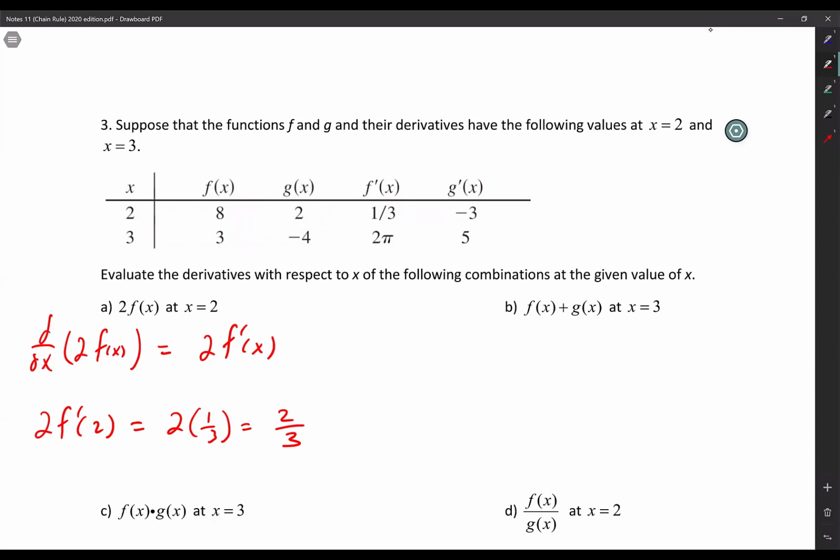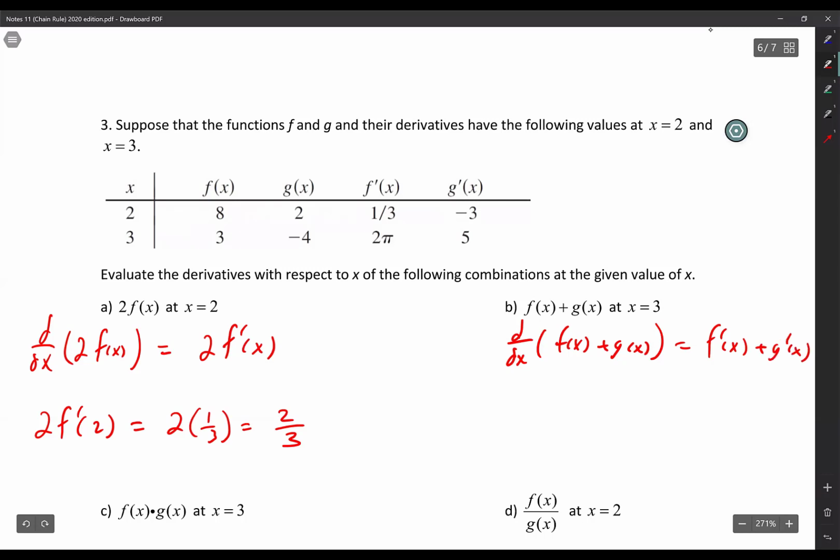Yeah, Con? Okay. They want the derivative of f of x plus g of x at x equals 3. The derivative of that is just f prime of x plus g prime of x. So nothing fancy there again. At x equals 3, so go to 3. F prime is 2 pi.